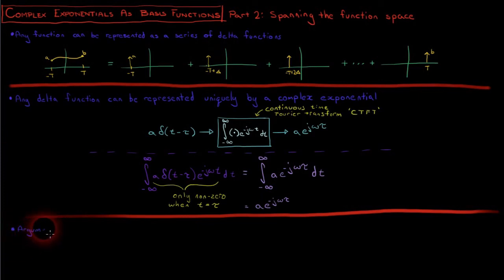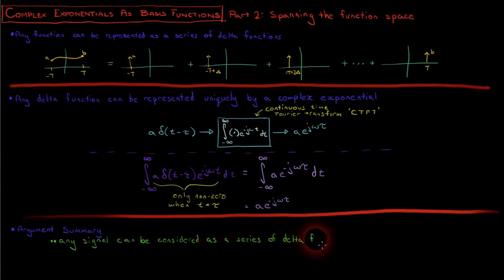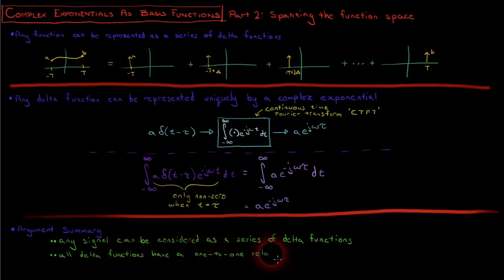To summarize the steps of the argument, any signal can be considered as a series of delta functions. All delta functions have a one-to-one relationship with a complex exponential through the continuous time Fourier transform.